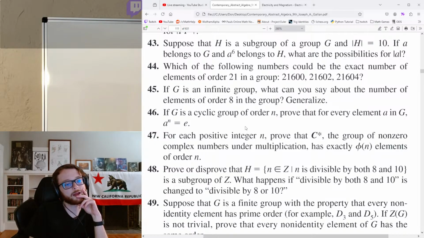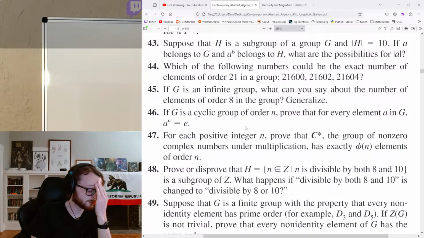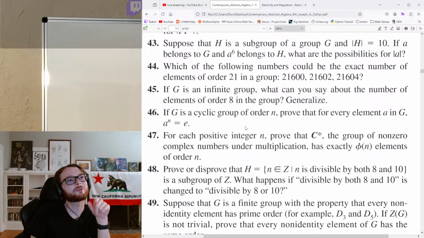So if you had, what's an element of order 3? Well, I guess -1? No. Just i. i times i is -1.